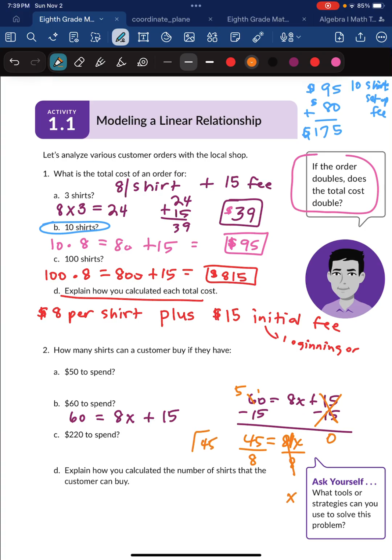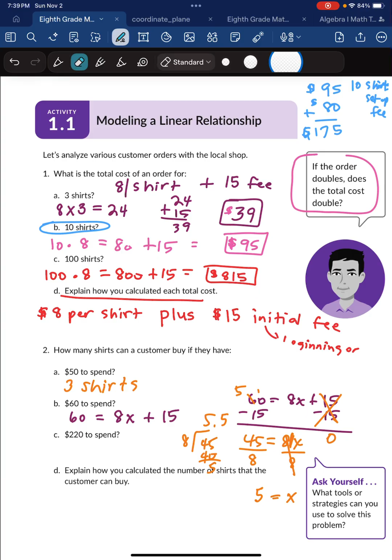So 45 divided by 8 is 5 times 8 is 40 with 5 left over. So we can't have 5.5 shirts. So we're going to have 5 shirts. So this one was 3 shirts. This one is 5 shirts.